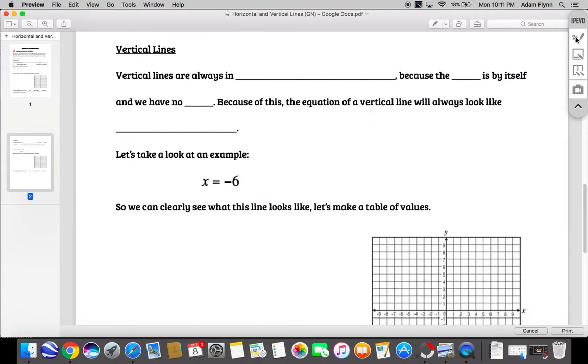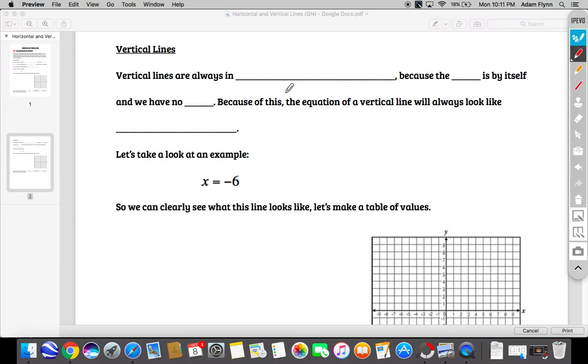So let's do vertical lines now. Vertical lines are always in standard form, because the x is by itself and we have no y.